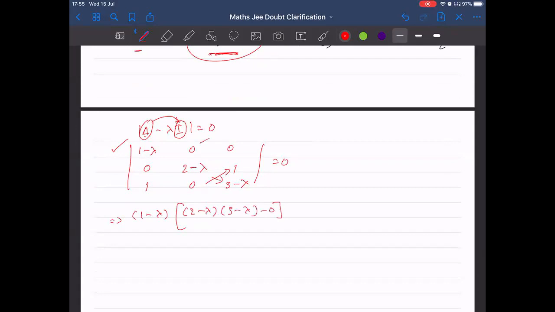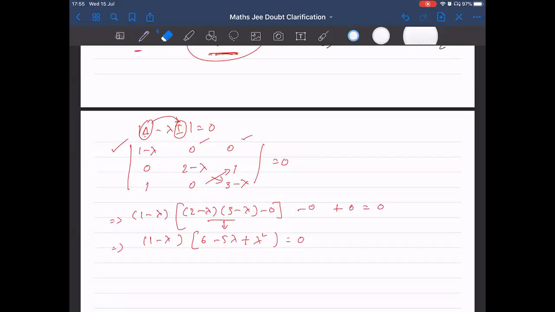And I think for the remaining elements, it would be 0. So 1 minus lambda into 6 minus 5 lambda plus lambda square equal to 0. I think it is not good to multiply these two and write here. I think directly we got the answer.